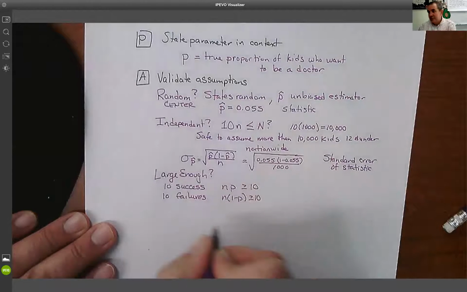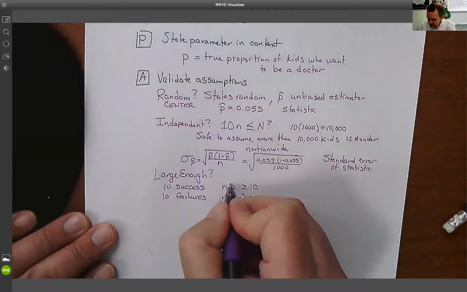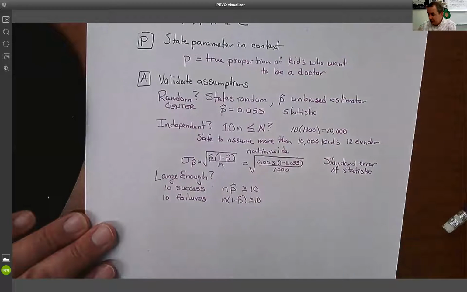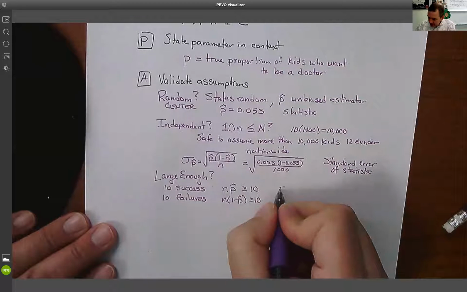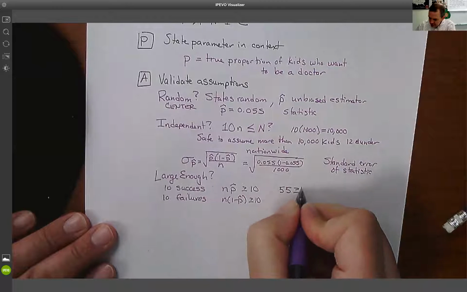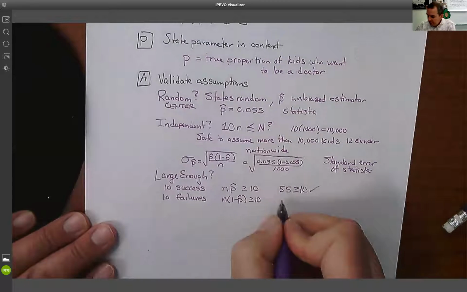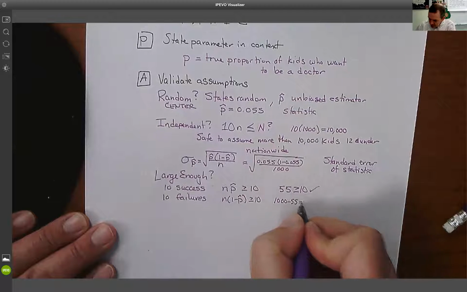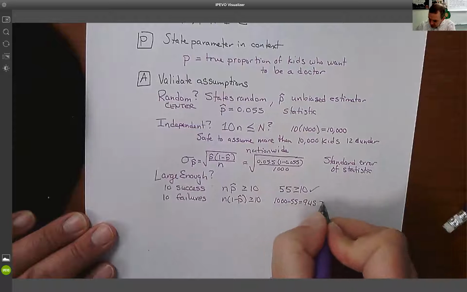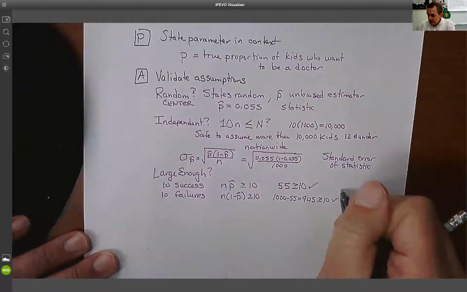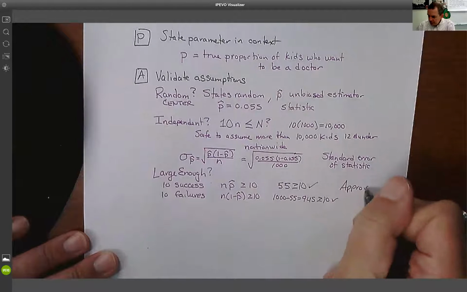But again, in this case, we don't know P, so we're just going to use our sample as our best guess. In this case, it's really nice because we had 55 successes, 55 kids said they wanted to be doctors, so we met that criteria. And if we did 1,000 minus 55, that would equal 945. We have 945 failures. So that tells me that the shape of this distribution is approximately normal.